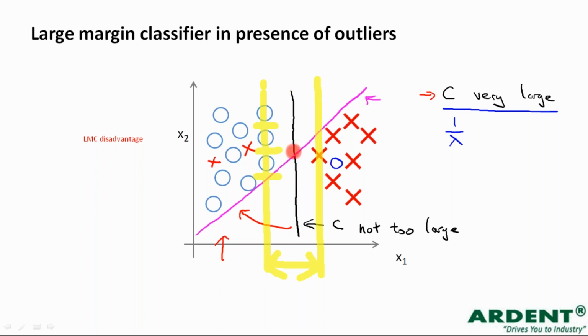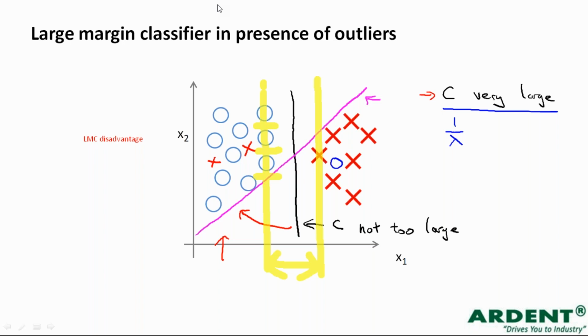And the black line is the actual hyperplane. If you want to draw the black line as the hyperplane, there is a parameter called C when we work with SVM.